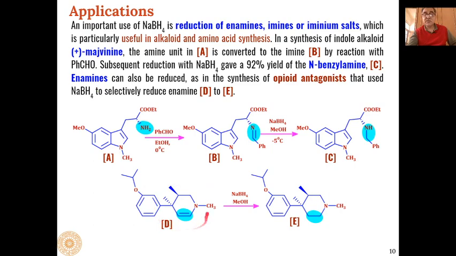These enamines can be reduced selectively in the presence of other functional groups, and this carbon-carbon double bond is reduced to a carbon-carbon single bond in the presence of sodium borohydride. So this is also an important step in the synthesis of opioid alkaloids. These types of alkaloids are called opioid alkaloids.